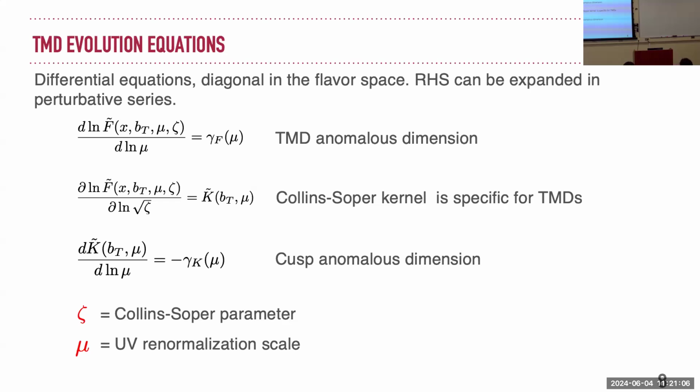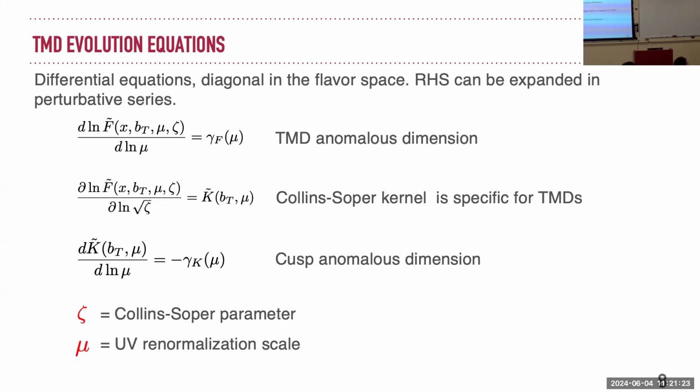So it's my Collins-Soper kernel, K tilde. It depends on bT and mu. Well, it's minus gamma K, which depends on mu. So this is equal to that.